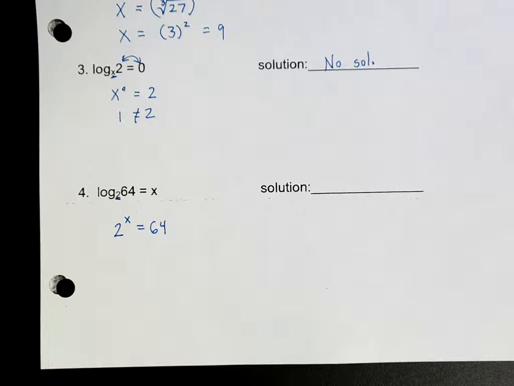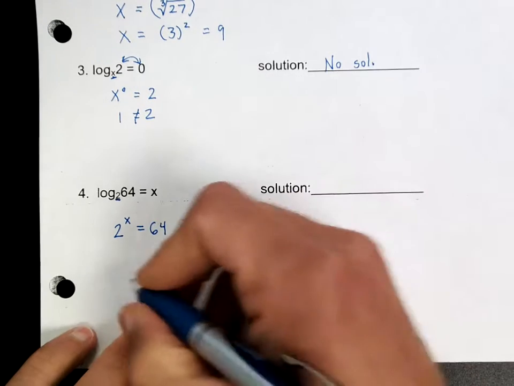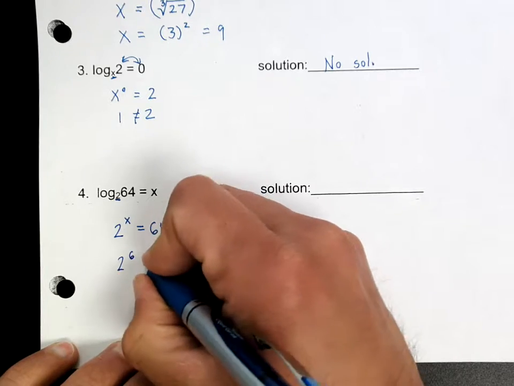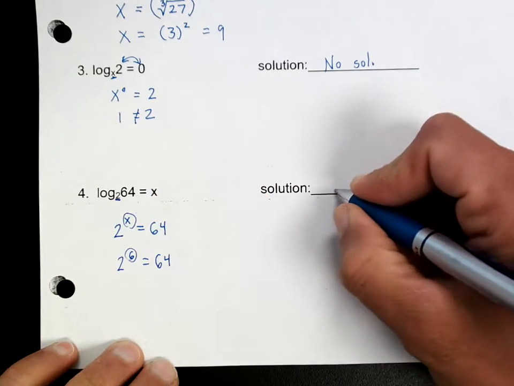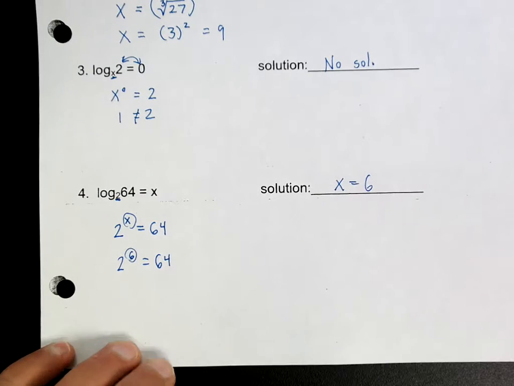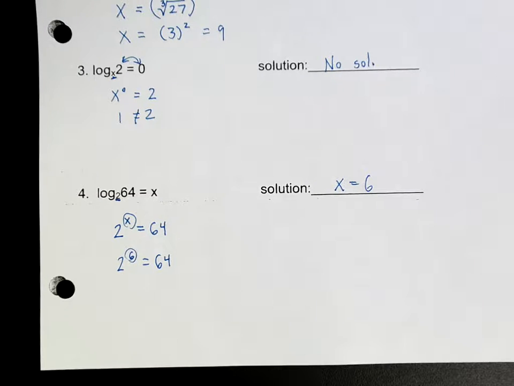You either use your calculator or do it in your head. 2 to the 4th power is 16, 2 to the 5th power is 32, so 2 to the 6th power should be 64. Again, 2 to the 6th power is 64, which means that x is 6. Does that make sense?